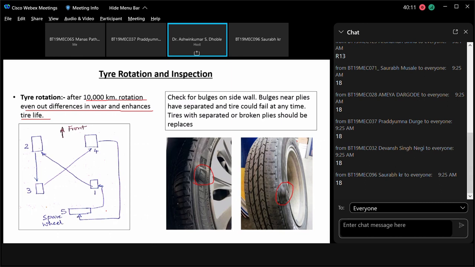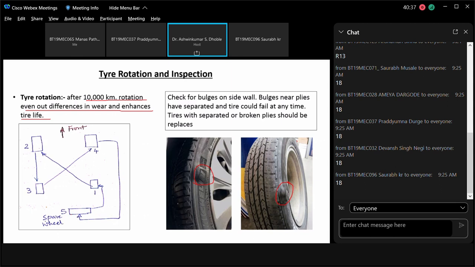So what is the rotating sequence? Now you have got the four-wheel vehicle. So the right rear tire is named as 1, then this is 2, this is 3, and this is 4. And this is the spare wheel. So what do you mean by tire rotation? You have to follow a specific sequence.